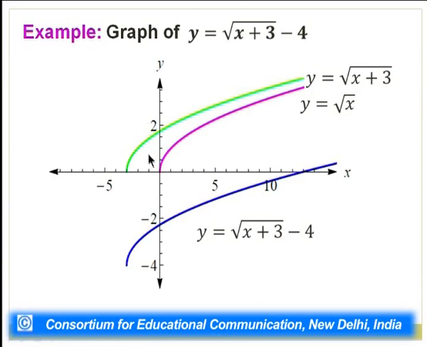And then you just shift the entire graph of square root of (x plus 3) down by 4 units because you're subtracting a 4. So this curve is the graph of the equation y equal to square root of (x plus 3) minus 4.